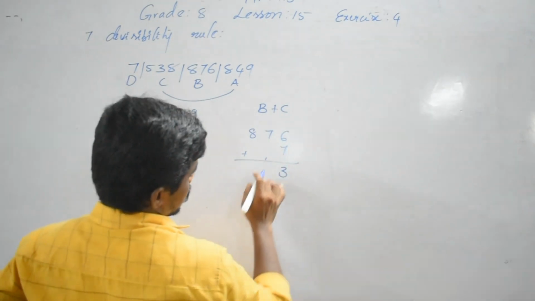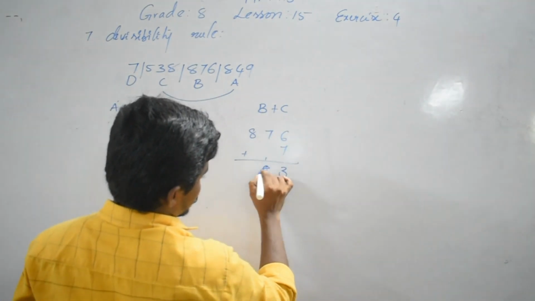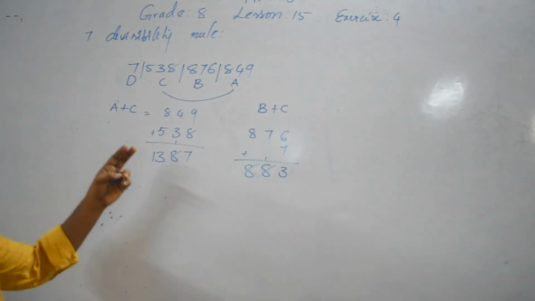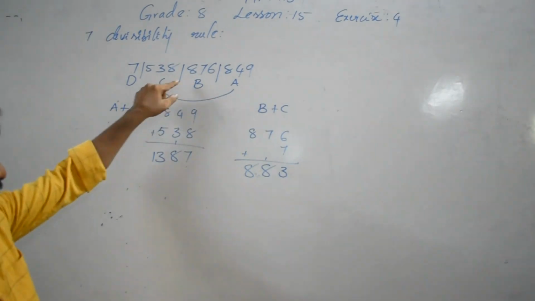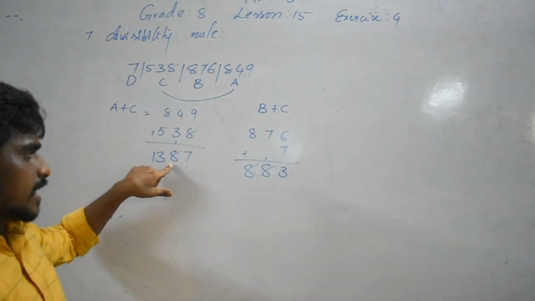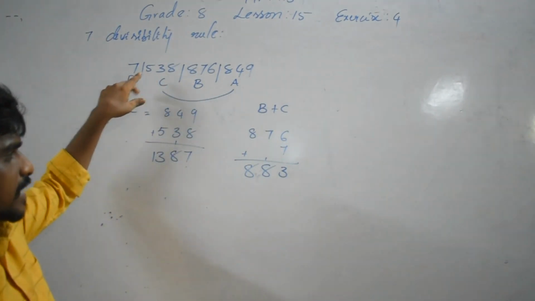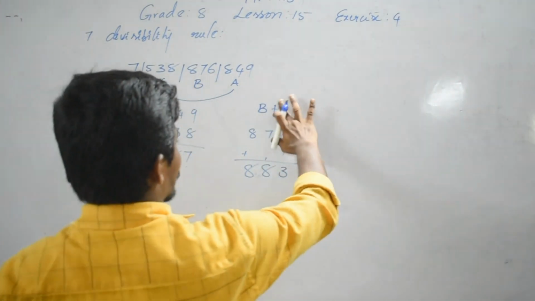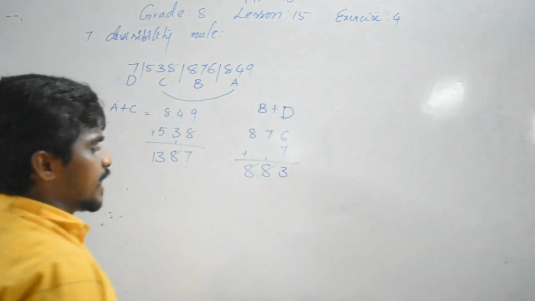Next, now the A plus C group is 1387, and the B plus D group is 883.